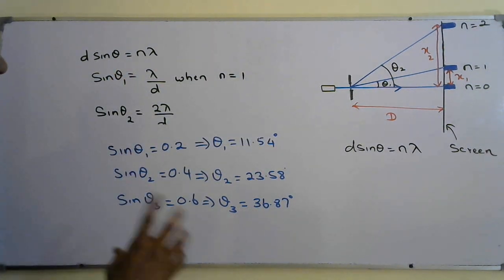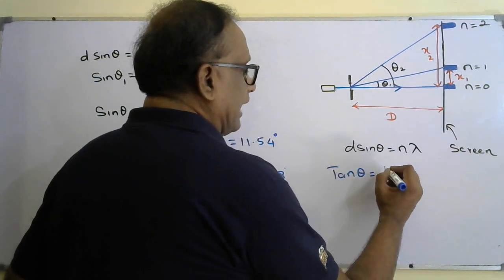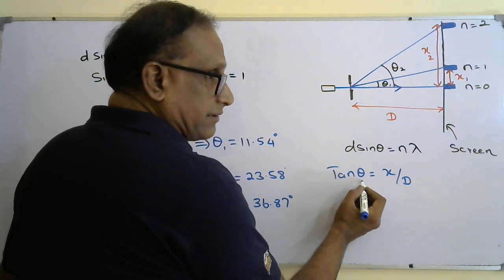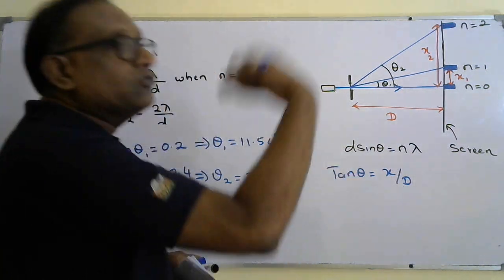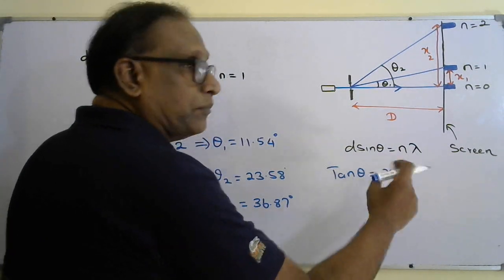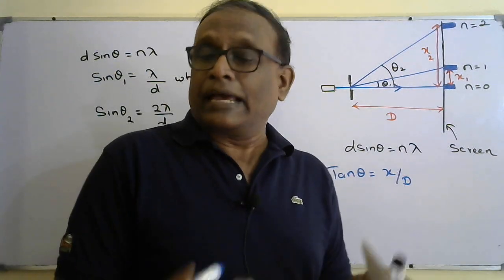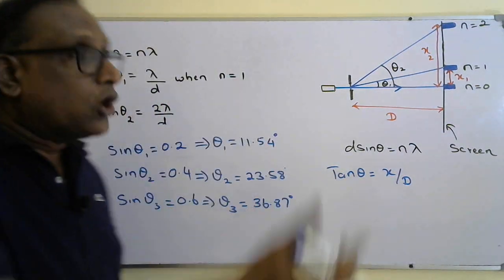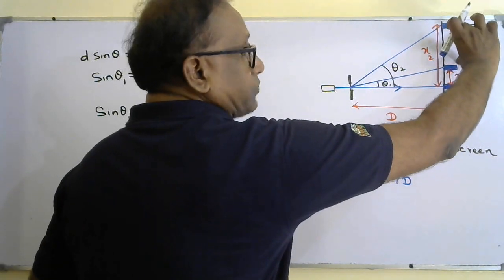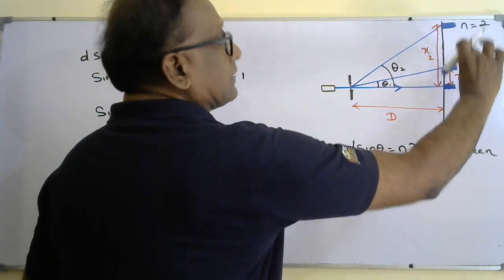Now think about tan theta. Using tan theta equal to x over d, as theta increases, the tan value also increases in the same way. For a given d, the x values won't be evenly spaced, the gaps will also increase. That's the reason x1 and x2 minus x1 won't be the same. x2 minus x1 will be larger than x1.